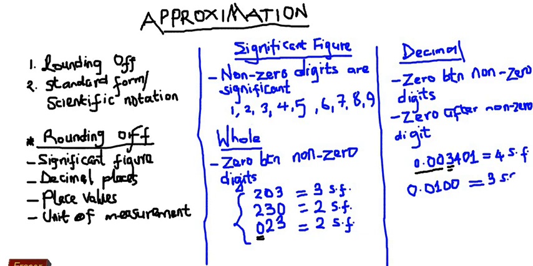The reason is that we are going to count the 1, which is the only non-zero digit which we have. We'll count the 1 and the zeros after the last non-zero digit, according to this condition. So it means those two zeros are significant. The first ones that are in front, 0.0, those are not significant.